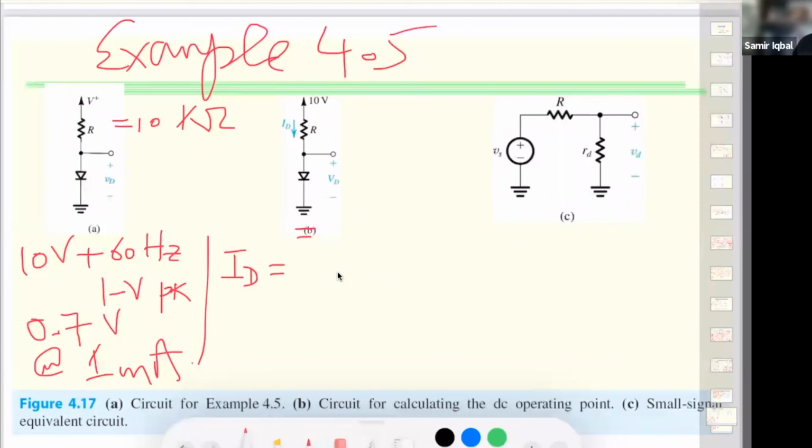Can somebody help me write the relation here?